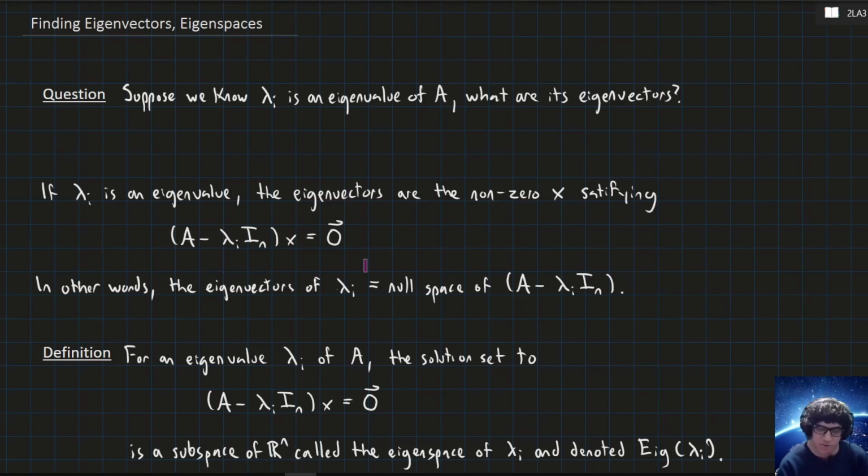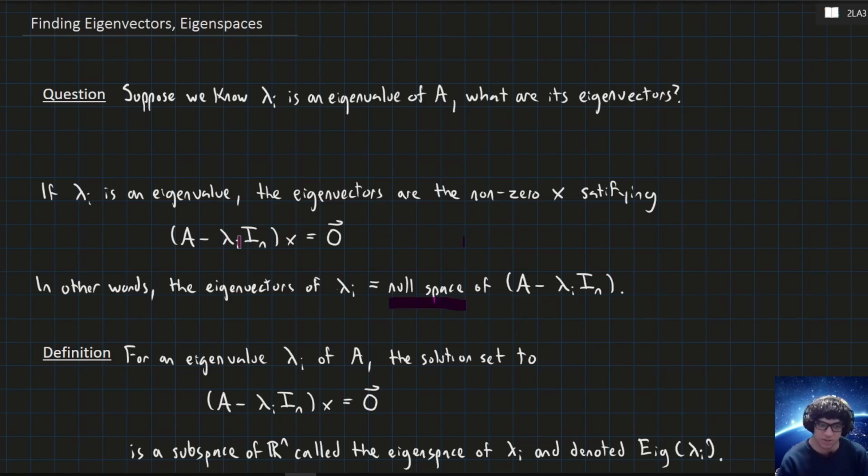Okay, so notice that this is a matrix times x equal to 0. In other words, we're finding the null space of a matrix, right? The eigenvectors are the null space of this matrix. So we know that null spaces form subspaces, and we know how to compute the basis of those null spaces.